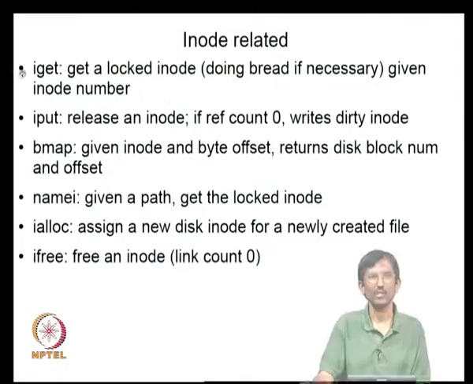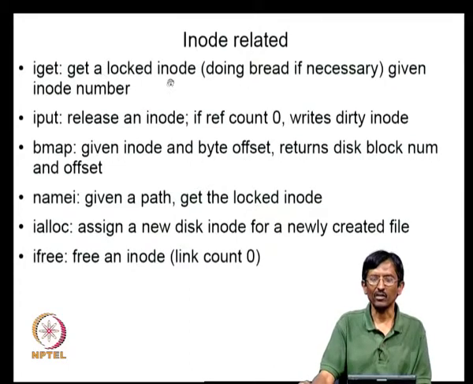There are things relating to inodes also. Again, a lot of abstractions are used, as I mentioned. You can get a locked inode, which uses buffer read, because inodes are kept on the disk and you are going to read them through buffer read. Then somebody is doing a mapping between the inode number and the block, and you go get the block and read that portion of the inode.